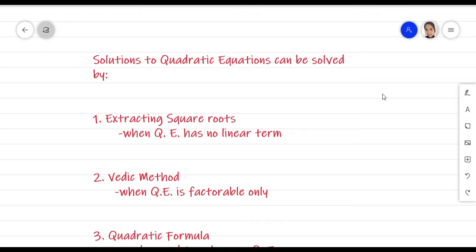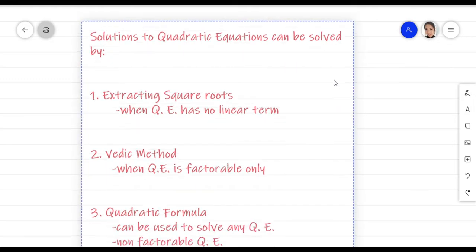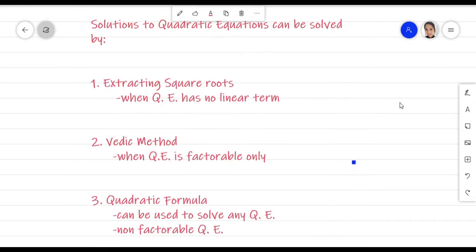So today we will be learning a new method in solving quadratic equations. But first, let's have a review on the methods or ways that we discussed on how to solve quadratic equations. Solutions to quadratic equations can be solved by extracting square roots, which we already discussed, and the Vedic method.